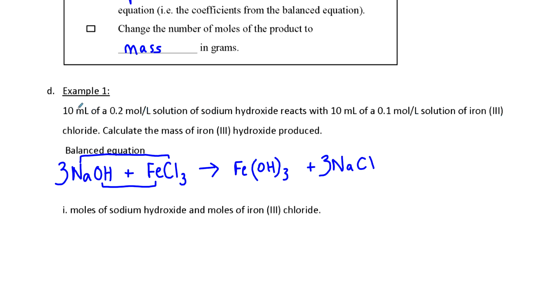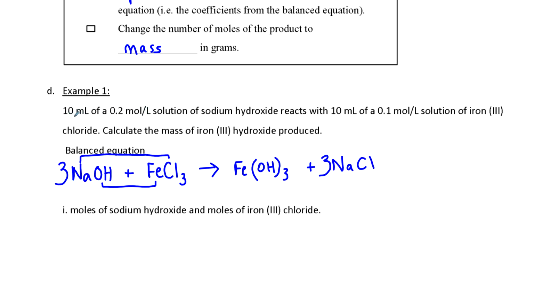I have 10 milliliters of the solution, and I know that this is its concentration. So this is actually a very realistic problem you would have to solve in the lab, because often when we mix 2 substances together, they're in solution form. It's been some sort of solid dissolved in water, and we know the concentration of the solution, and we can measure out the volume in a graduated cylinder.